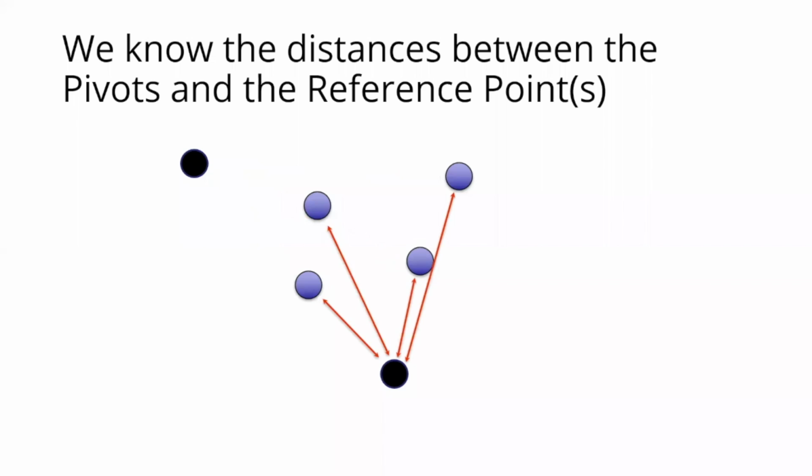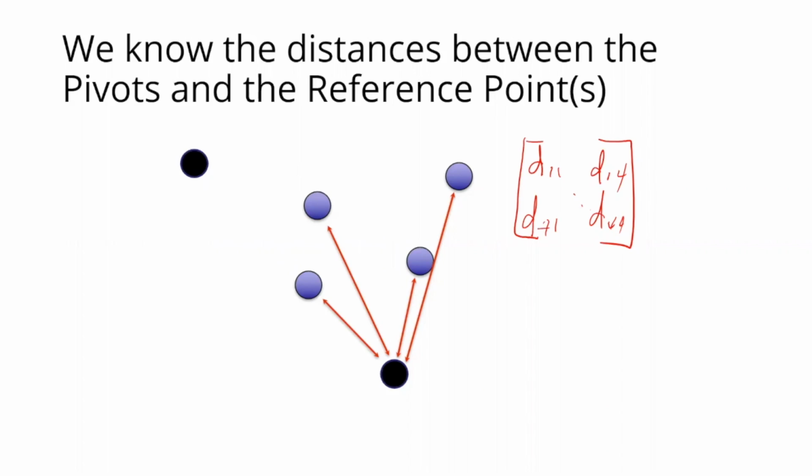And I don't necessarily worry about the distance between the reference points themselves. I only care about the distance from the pivot to the reference. So with those pivots, we had D11 through D44. That was the matrix that we created.